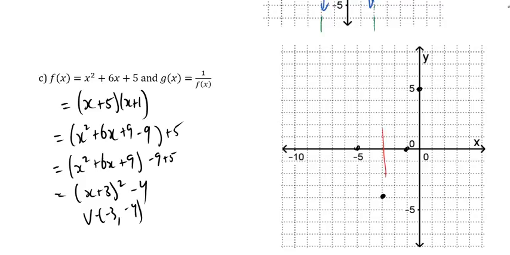So it's -3, and then I sub -3 into f of x, get the y value, and there's my vertex. Or I could do it here: -3 plus 5 and -3 plus 1, multiply them together, you get -4.